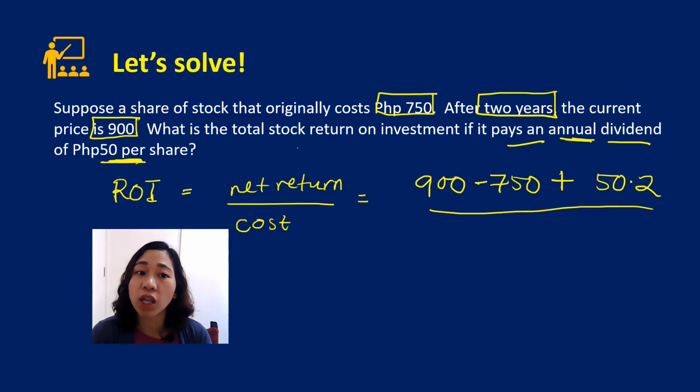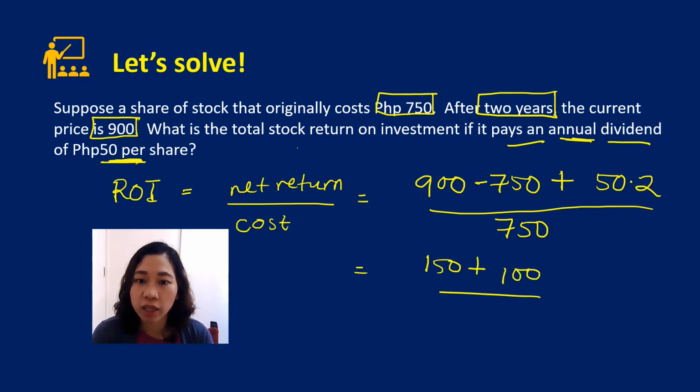What is the cost? The cost when you bought the share. So what is that? That is 750. Okay, so that's 150 plus 100 over 750.